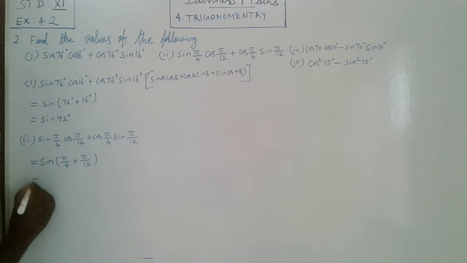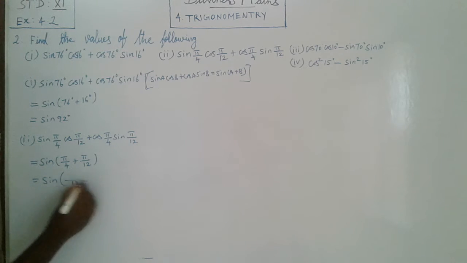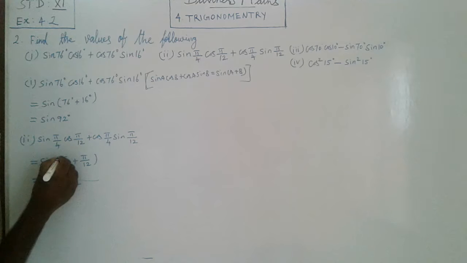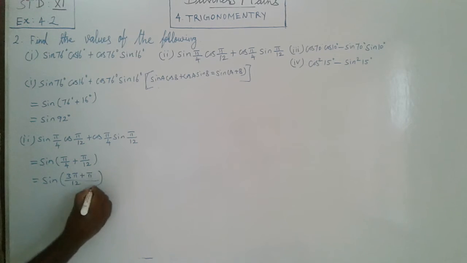Sin A plus B. So sin, take the LCM, 12 is the LCM. So 3 4s are 12. 3 we should multiply with the numerator. 3 into pi is 3 pi, plus pi one time.